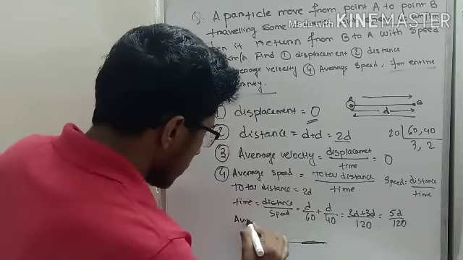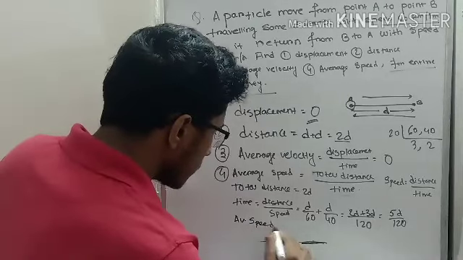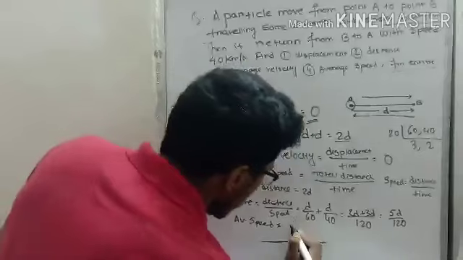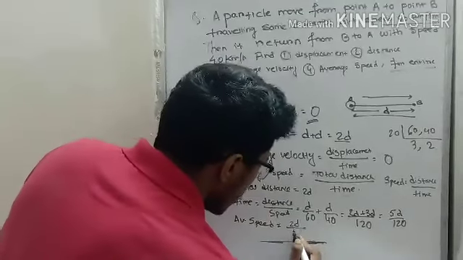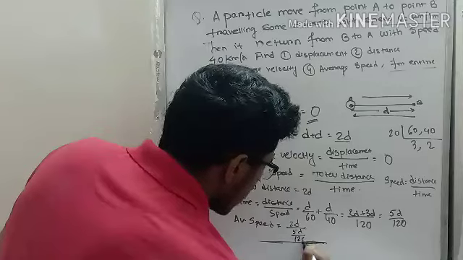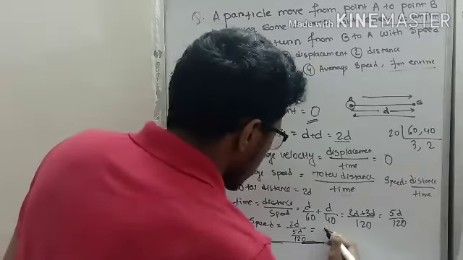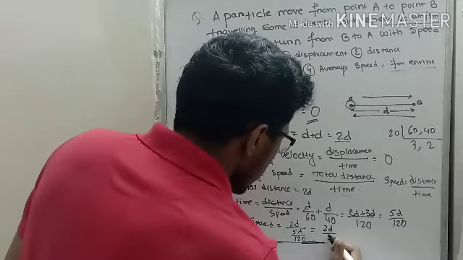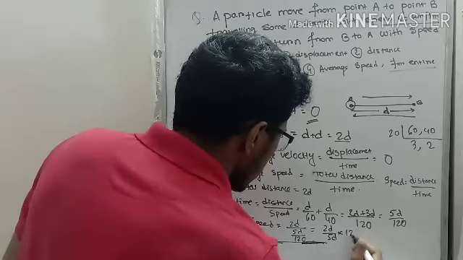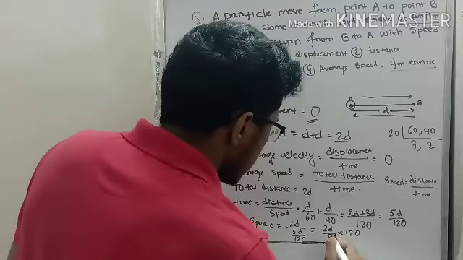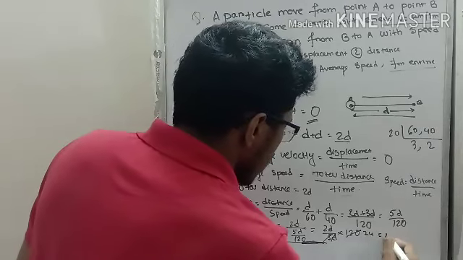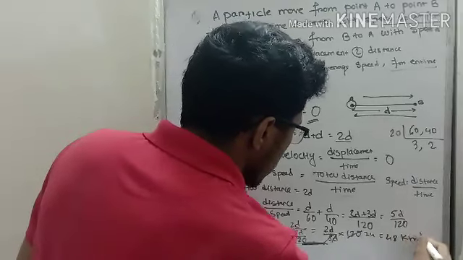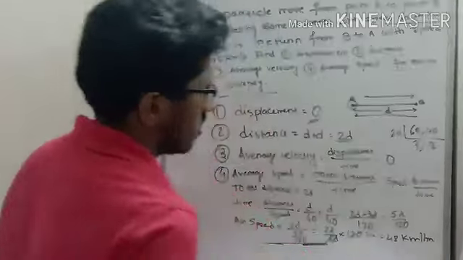So average speed becomes 2D divided by 5D by 120. It is 2D by 5D into 120, which is 48 km per hour. Clear?